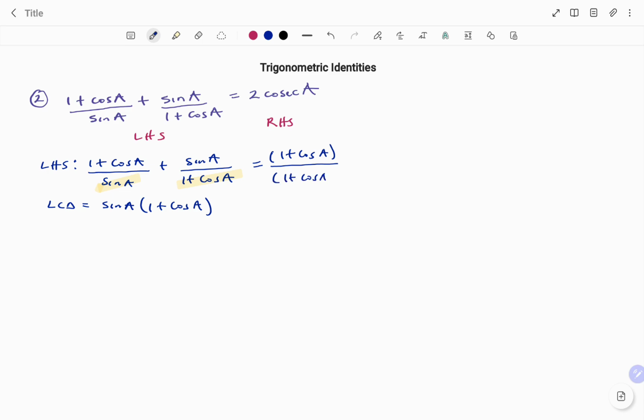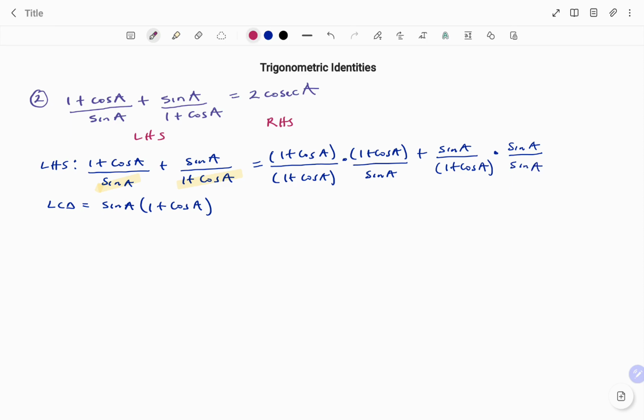Multiplying, I have 1 plus cos A over sine A. And on my right-hand side, I'm going to multiply with sine A. So I have sine A over 1 plus cos A multiplying sine A over sine A.